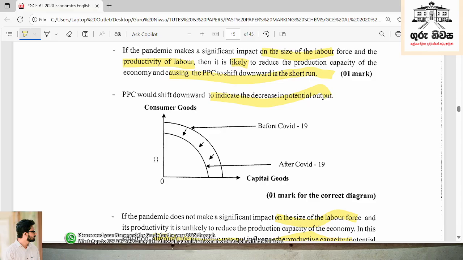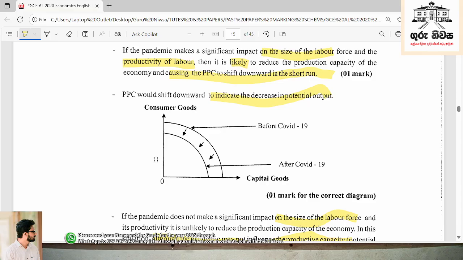Yeah, the answer is somewhat okay, but remember to use technical words. For example, you have mentioned an inward shift because of reduced capacity. It's okay, due to labor and resource loss in the period of COVID-19. It's correct.